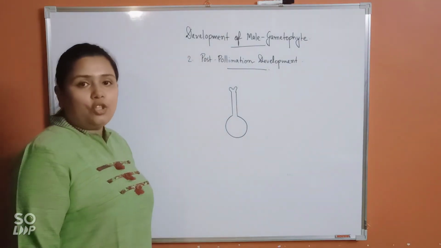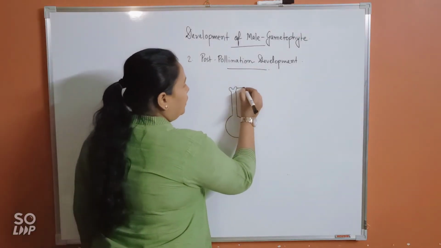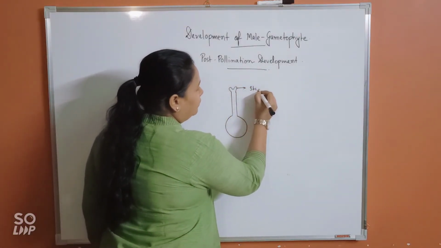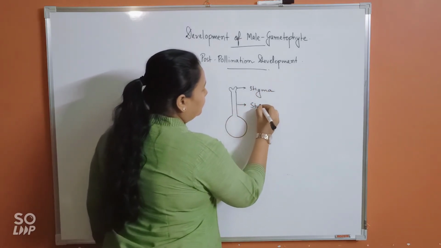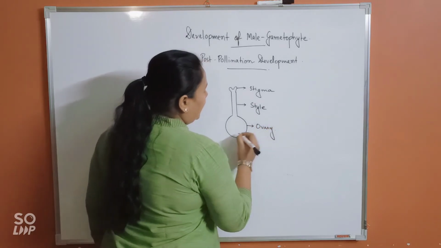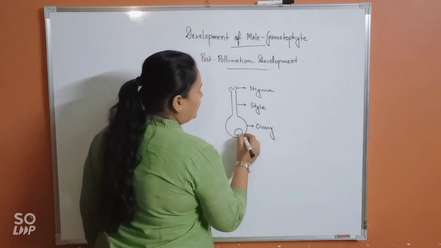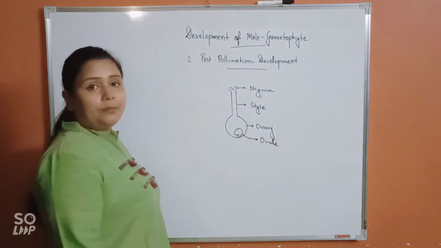Suppose this is the structure of a carpel, which you have learned so many times in class 11. It consists of three parts: stigma, style, and ovary. Inside the ovary remains the ovule, isn't it?